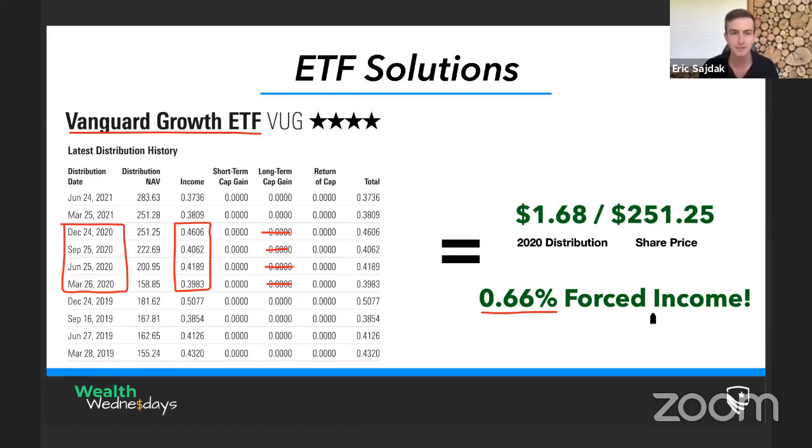You would have the same forced income if you held those stocks individually. Important thing being here, there are no long-term capital gains. The only time you'll generate the long-term capital gains here is if you sell this ETF and you generate it. But again, we're only doing that if we want it on our tax return for that given year.